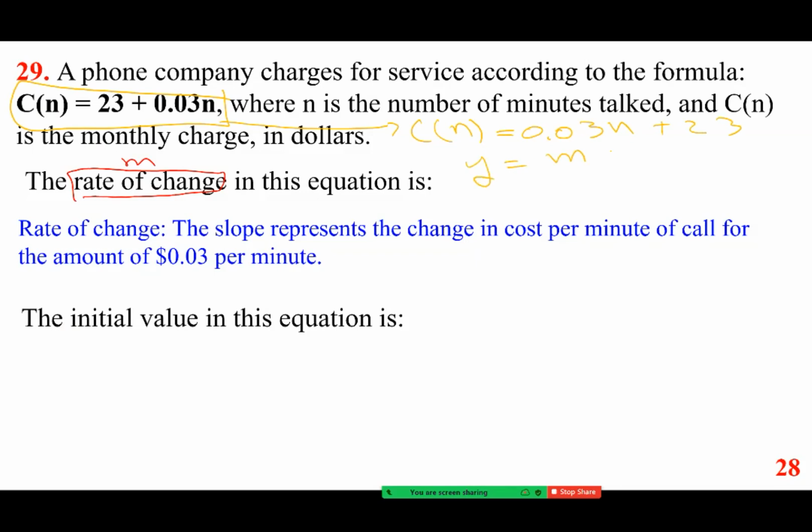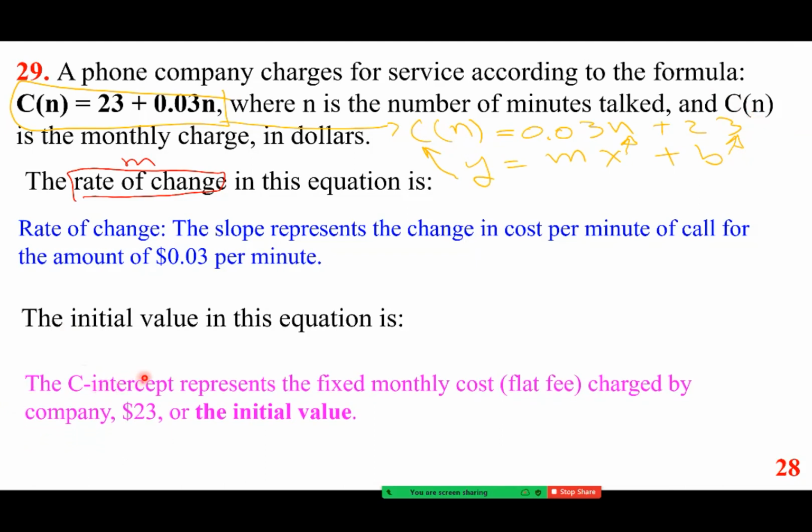If we go with y equals mx plus b, in this case, of course, x is replaced with n, b is replaced with 23, and y is replaced with c. So what you're looking at, the value of b is the initial value or the y-intercept. Over here, we call it the c-intercept. That's the initial value. So the c-intercept represents the fixed monthly cost or flat fee charged by the company, which is $23, and it's the initial value.